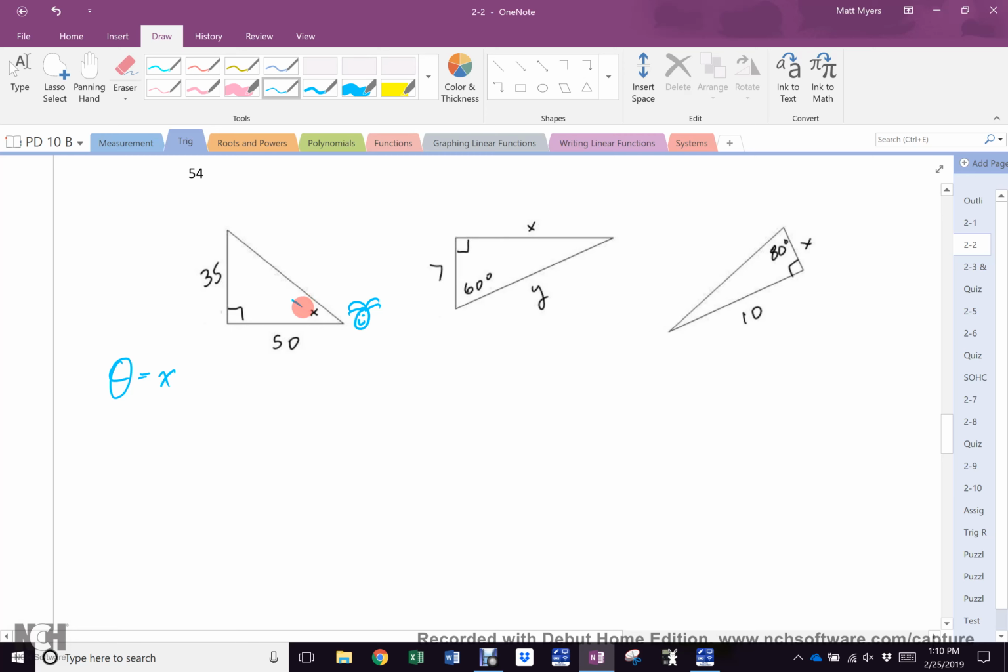Which makes this 35 what? Opposite. And that makes this 50 what? Since I have both of them, it must be a shift tan situation.